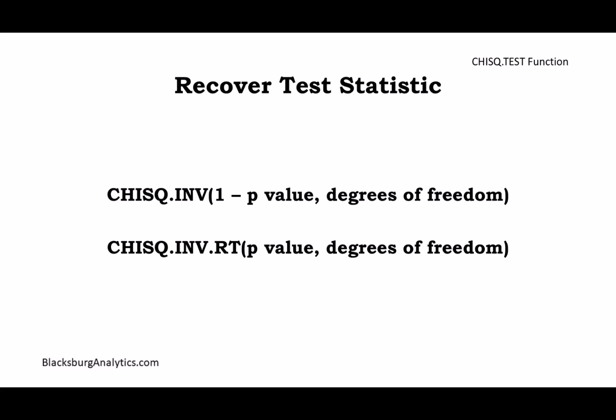The input to CHISQ.INV is a probability and degrees of freedom. The probability is 1 minus the p-value returned by the chi-square test. The degrees of freedom is 1, since the table is 2x2.